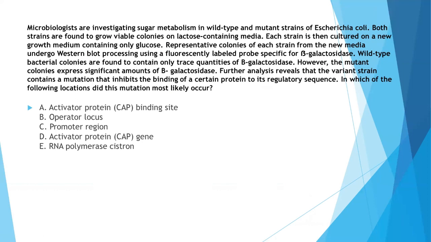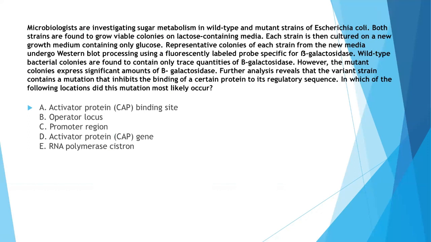Microbiologists are investigating sugar metabolism in wild type and mutant strains of E. coli. Both strains are found to grow viable colonies on lactose-containing media. Each strain is then cultured on a new growth medium containing only glucose. Representative colonies of each strain from the new media undergo Western blot processing using a fluorescently labeled probe specific for beta-galactosidase.